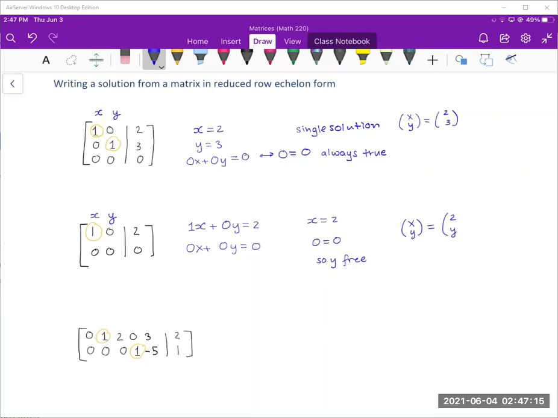And so in this case, we have what's called the infinite case. We have infinitely many solutions. Any value of y will satisfy, as long as x is equal to 2, the first equation that x equals 2. And it's always true that 0 is equal to 0.